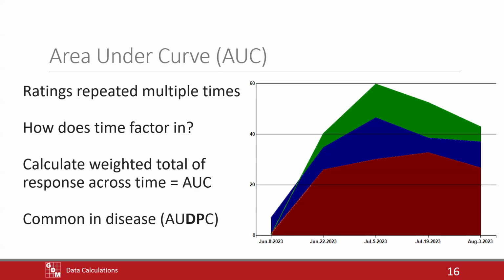But the idea here, the setup would be you have ratings that are repeated. Specifically going to go out and take a stand count on our weeds, take an assessment on how much the disease is right now in the field, whatever pest we are monitoring.